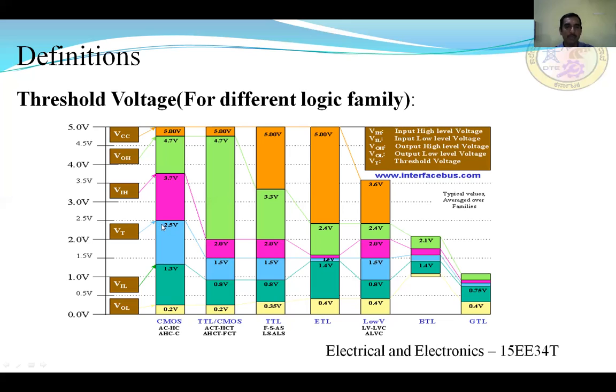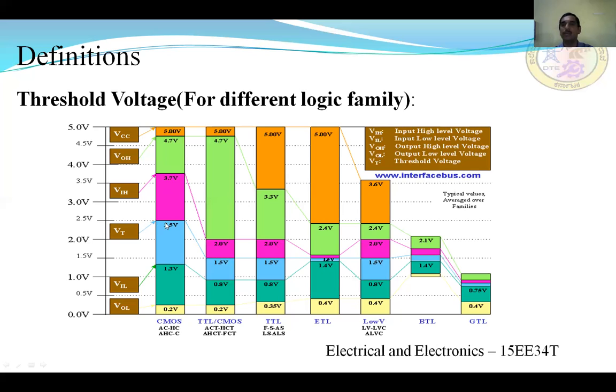This is the minimum input voltage which causes the output to change state. So this minimum input voltage we can call the threshold voltage.